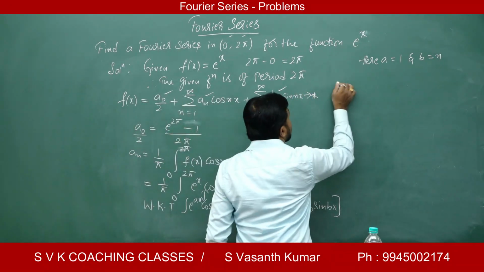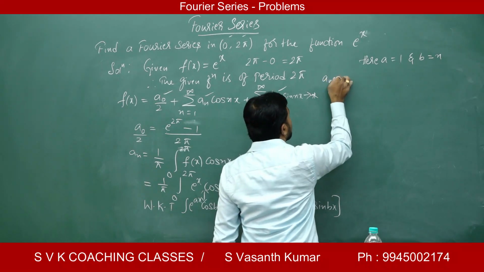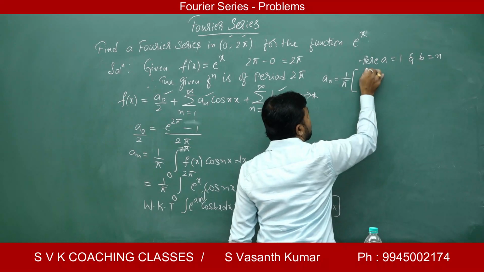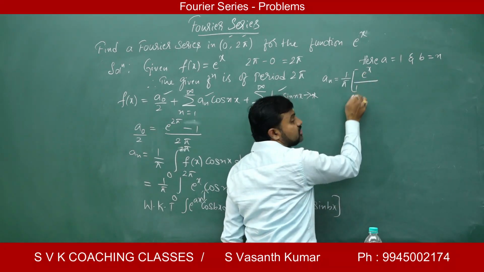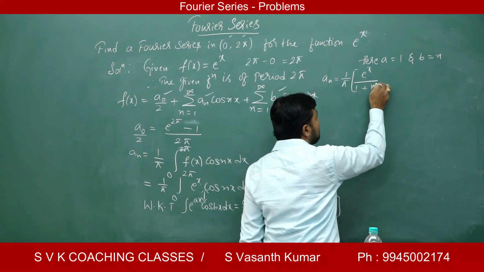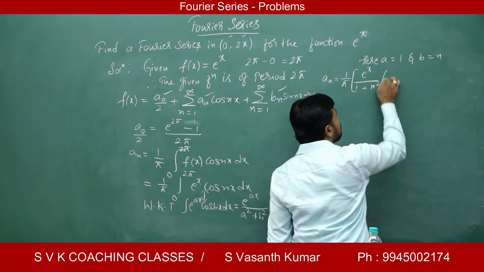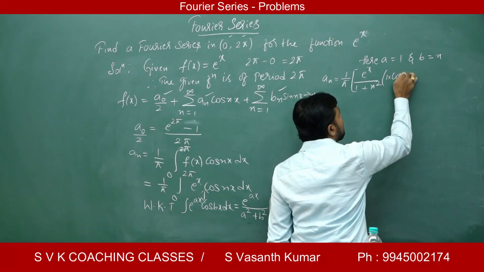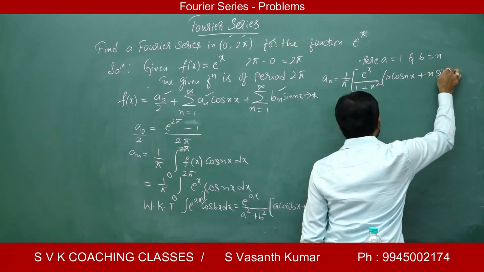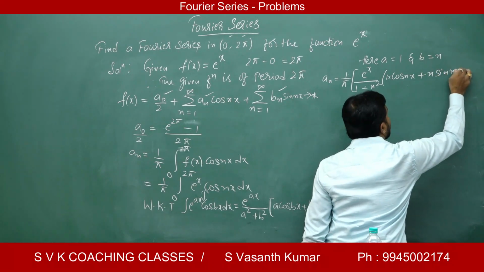We get a n equal to 1 by pi e power x divided by 1 square, which is 1, plus b square, which is n square, into 1 into cos nx plus n into sin nx.